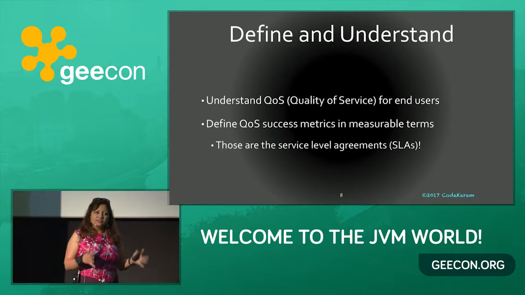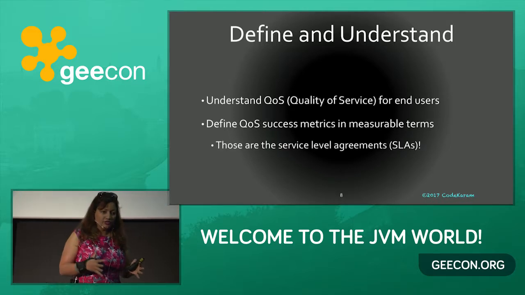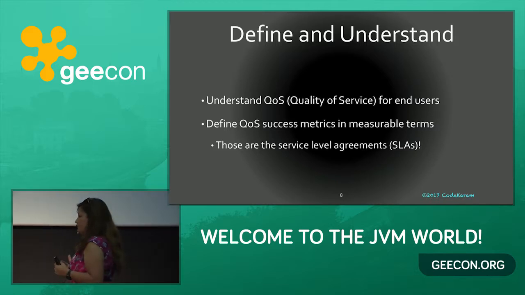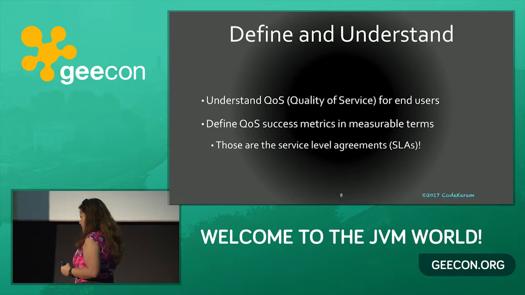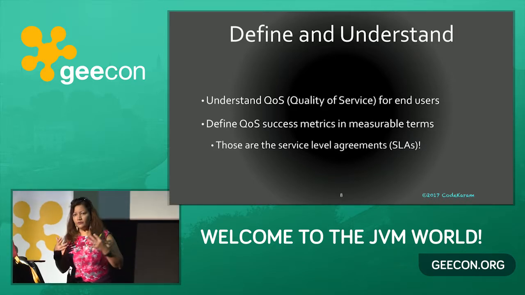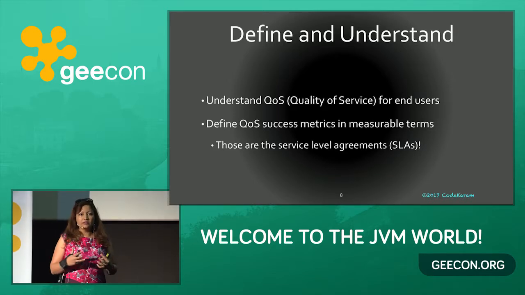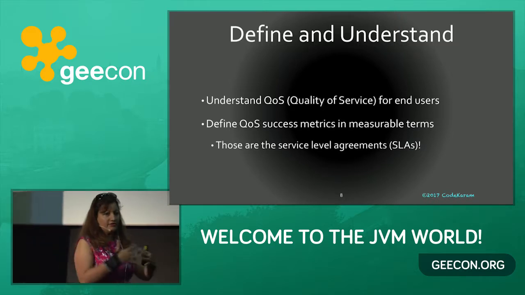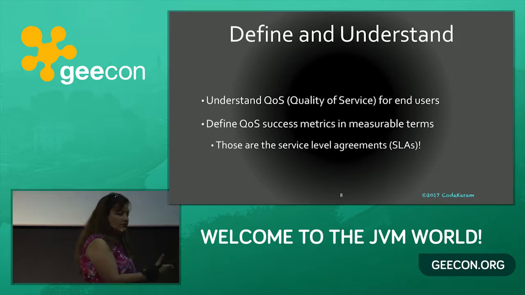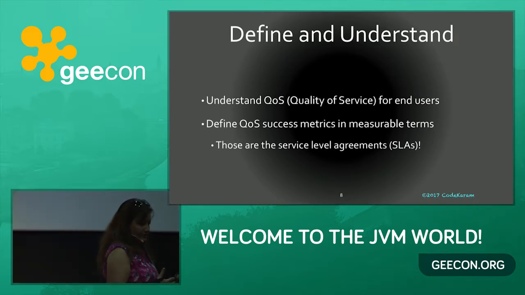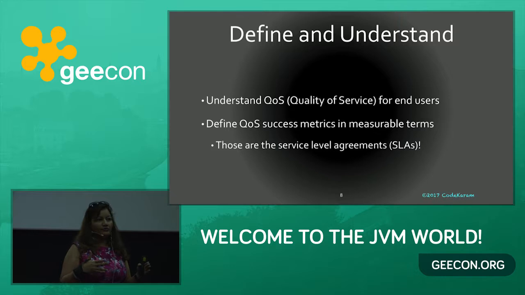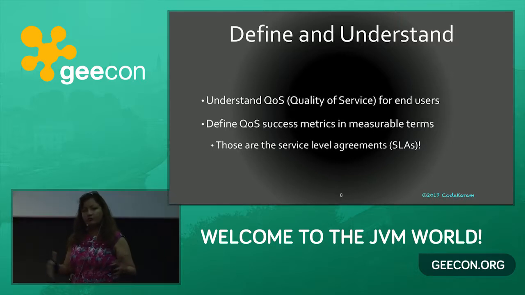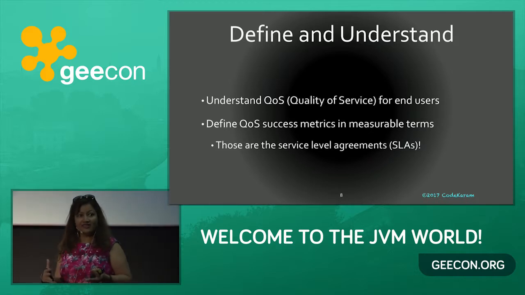Now these success metrics that you can measure are called your service level agreements. So for performance engineering, to be able to have performance requirements, you need service level agreements. For example, if there's a heartbeat and there are multiple servers relying on heartbeats, what's the absolute maximum latency that this distributed system can tolerate? 1 second, 5 seconds?